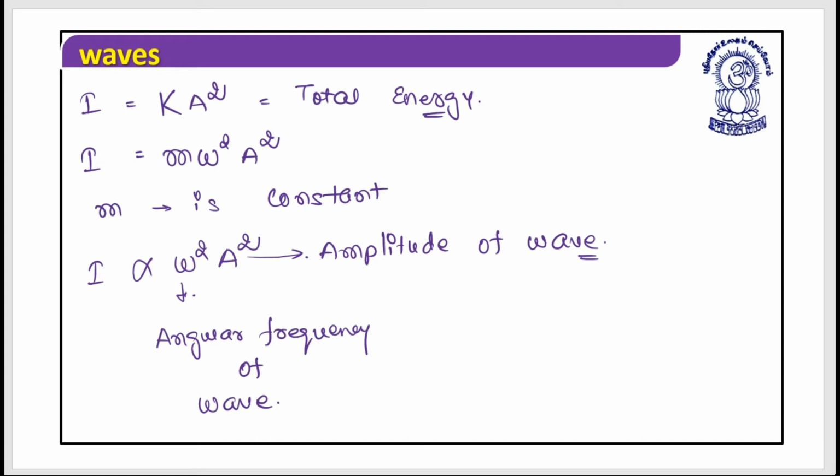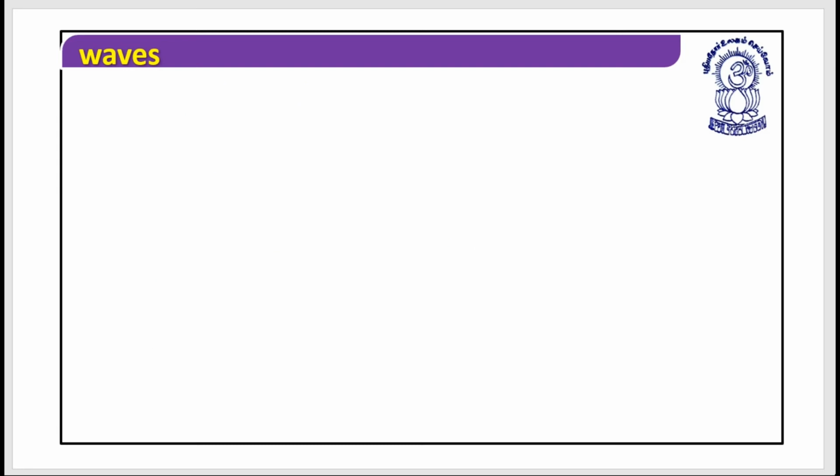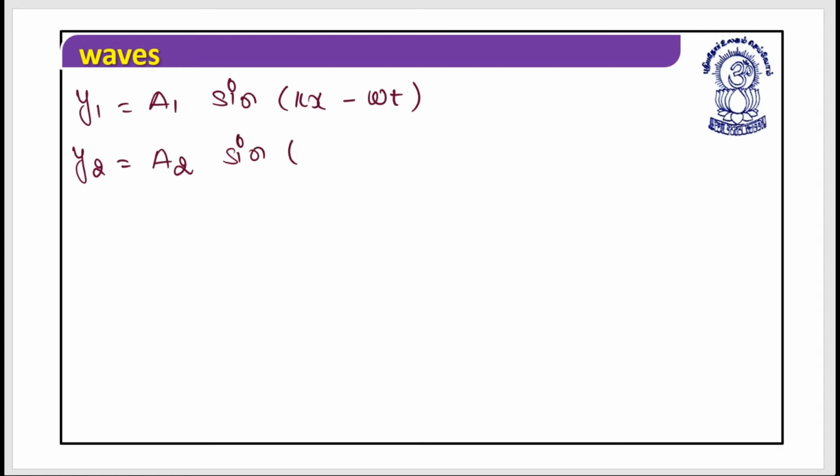No? Great. So let's suppose the situation is that we have one wave y1 equals a1 sine of kx minus omega t, and a different wave a2 sine of kx minus omega t plus phi.